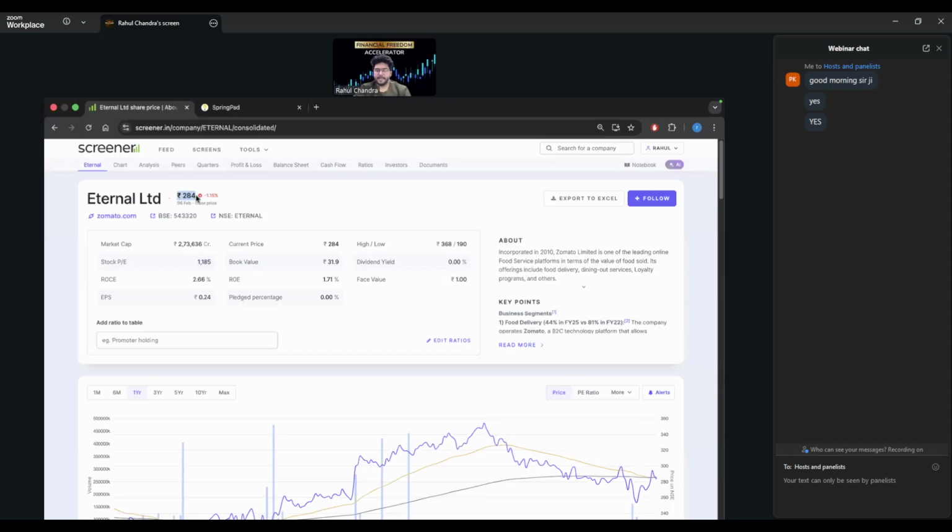You are paying 284 for an earning per share of 0.24. So you are paying 1185 times for 1 rupee of profit. Or your investment, another way, as I said, to look at it is you will recover your investment in 1185 years.